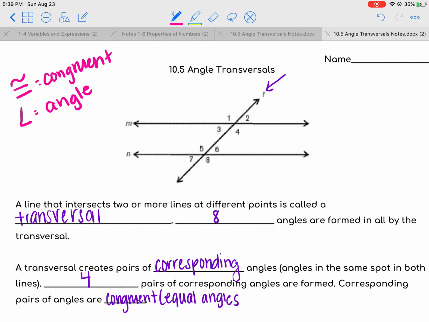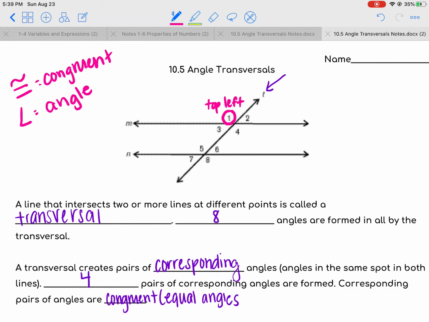So notice here you've got your transversal, and then you have line M and line N. So angle 1 is on line M. It's on the top left.